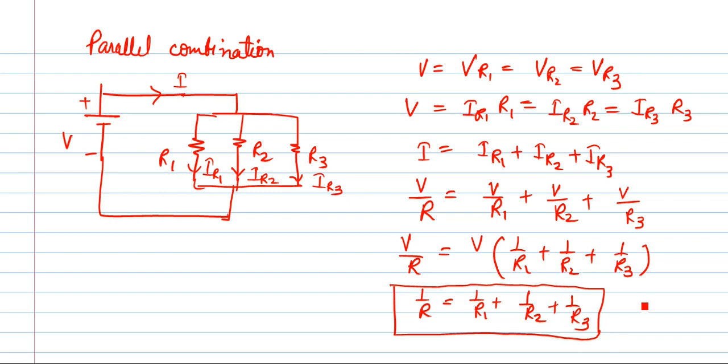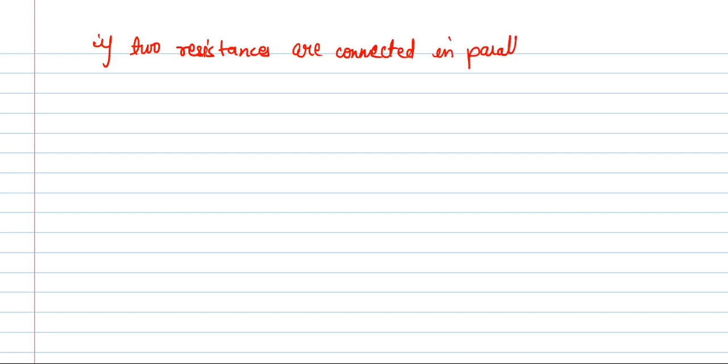Now suppose two resistances are connected in parallel. So here we will get 1 upon R is equal to 1 upon R1 plus 1 upon R2.